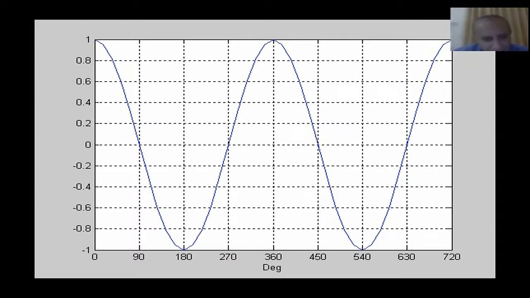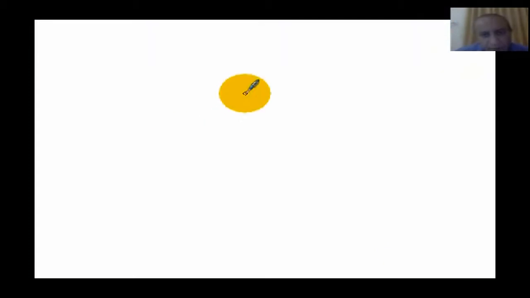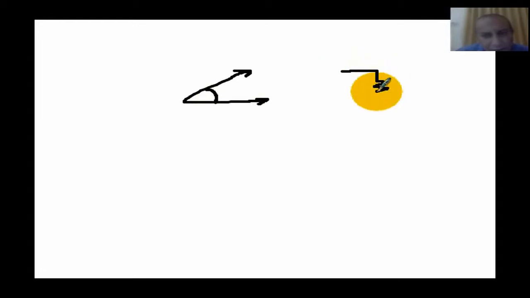A positive phase angle is when the current leads the voltage in the circuit. This is equivalent to a net circuit of R and C, and we call this leading angle.